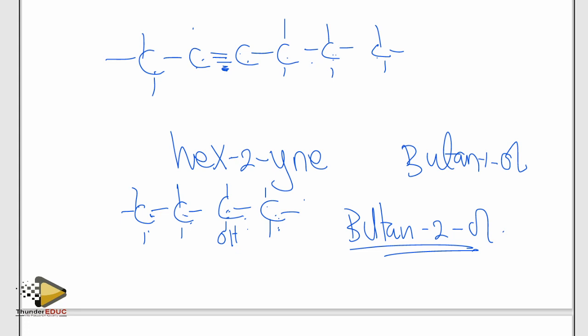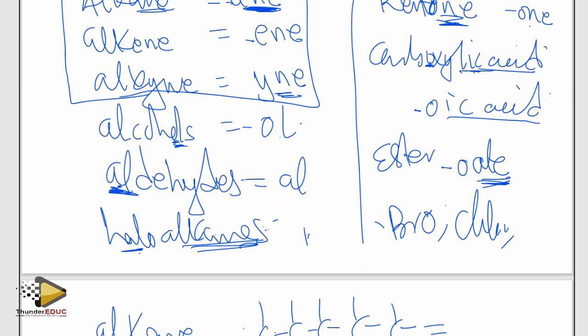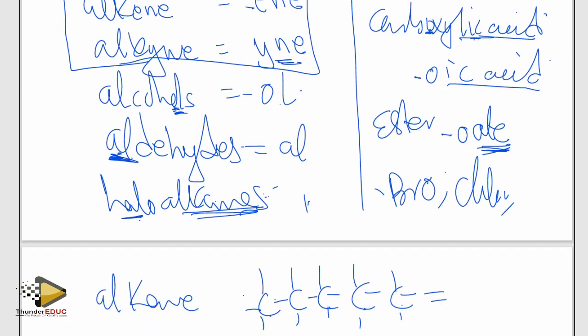Now let's go to another question, or something more complex. As we continue, you will be able to understand this better. All right. Let's go to the next question. So alcohol is done. Remember, we have primary alcohol, secondary alcohol, tertiary alcohol.